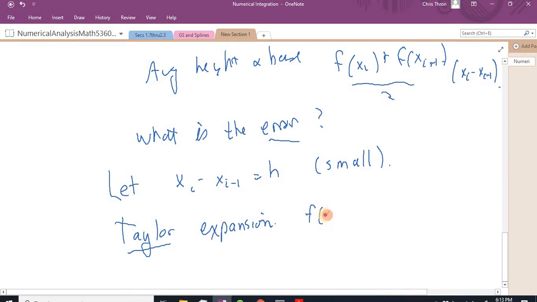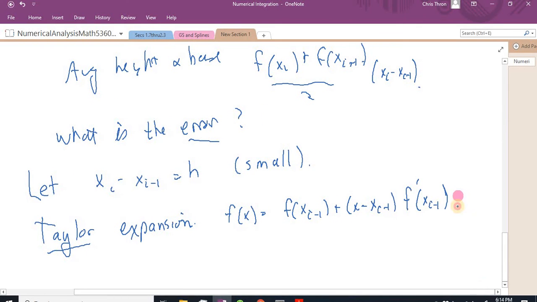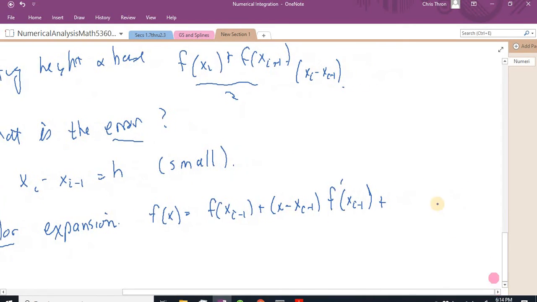So f of x would be equal to f of xi minus 1 plus x minus xi minus 1 times f prime of xi minus 1. Okay. Plus, and then I'm just going to write plus O of x minus xi minus 1 squared.